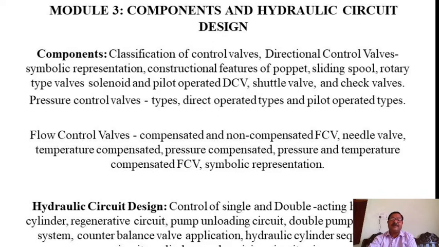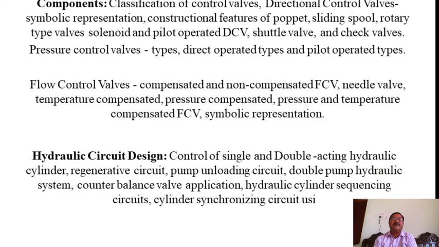And the second part in this third module is the hydraulic circuit design. After knowing all the components like the different types of valves and pipings and other things, we will come to the hydraulic circuit design.